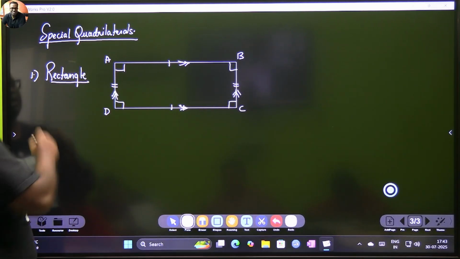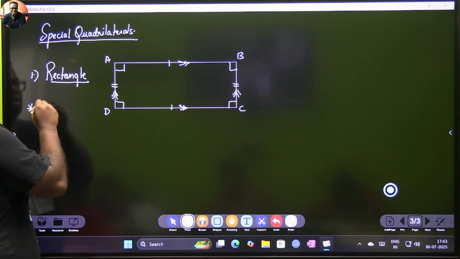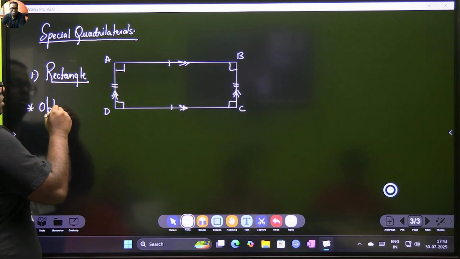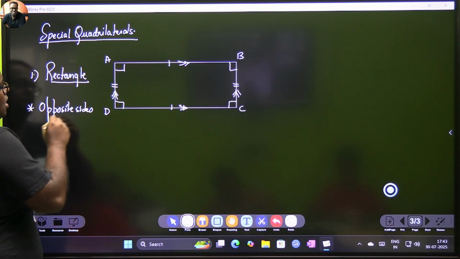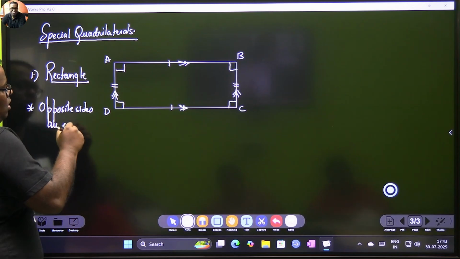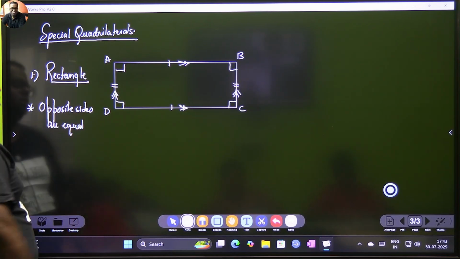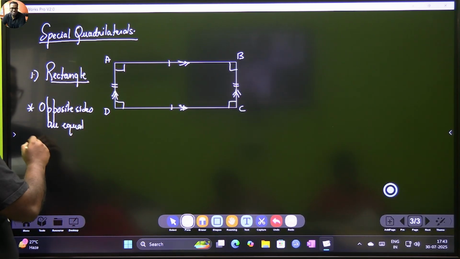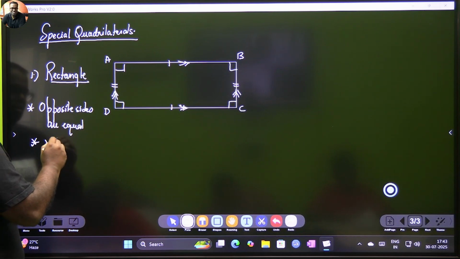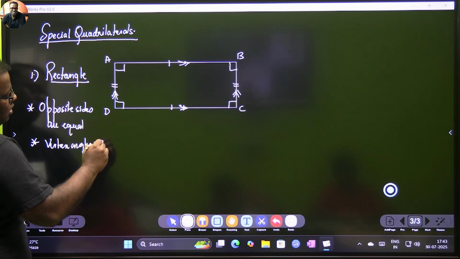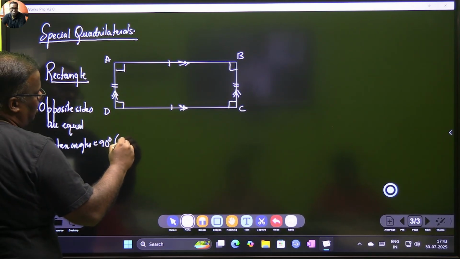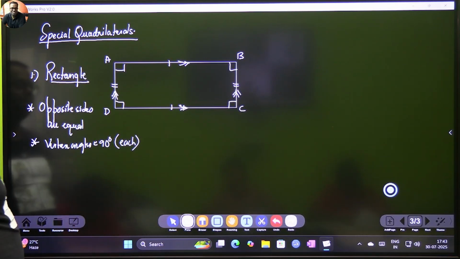So in a rectangle, my features would be opposite sides are equal, right? Then we will say vertex angles are 90 degree each, right?